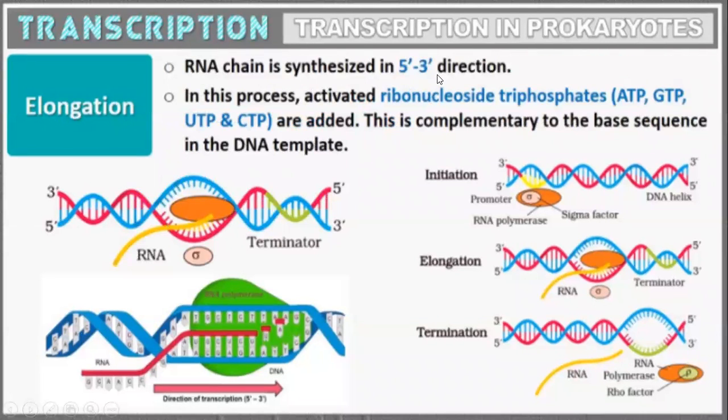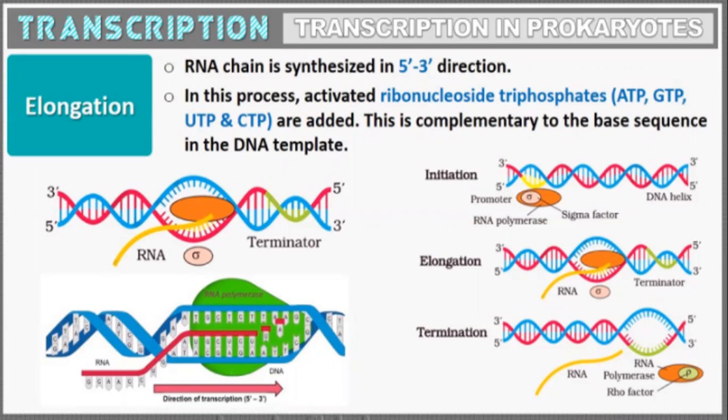The RNA chain is synthesized in the 5'-3' direction, and in this process activated ribonucleoside triphosphates, ATP, GTP, UTP, and CTP, are added, complementary to the base sequence in the DNA template.